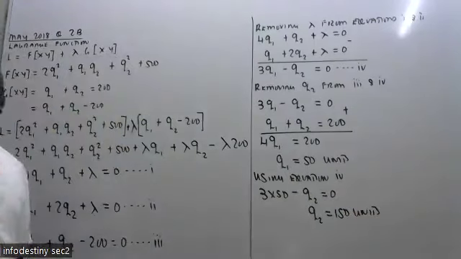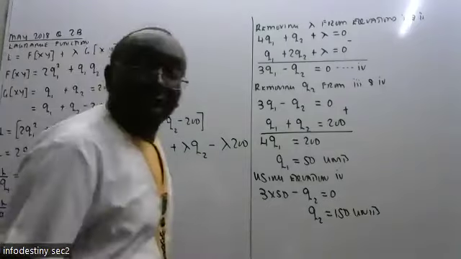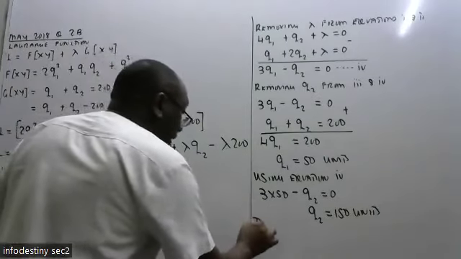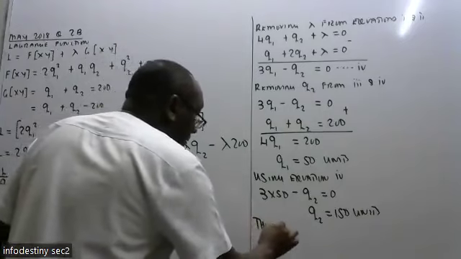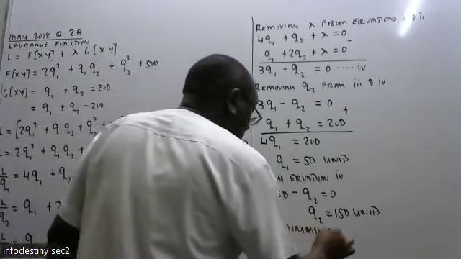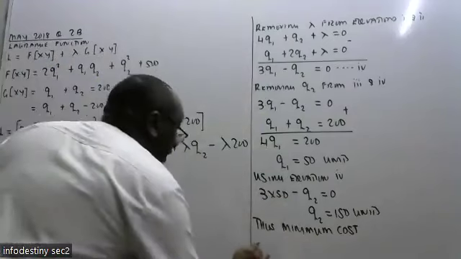Now your syllabus does not require you to go solving thereafter. So I will not go beyond that, or I think I had seen many had solved. So you simply now stop there and tell us that's minimum cost. Minimum cost: you take this function here, the one that we were minimizing, 2Q1 squared.